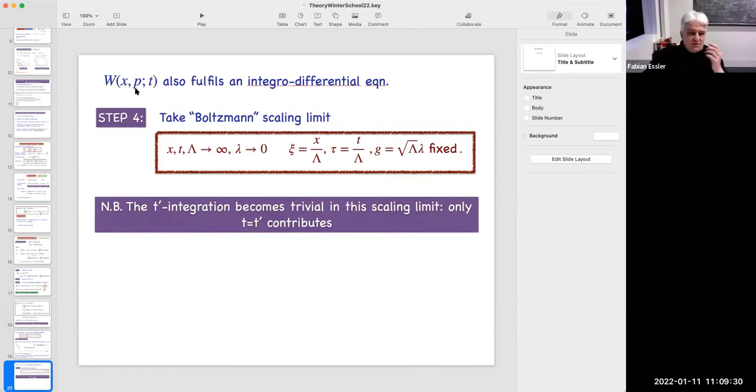Okay, so now this Wigner function fulfills an equation very similar to the second Born approximation. It's just obtained by taking this partial Fourier transform. And then the final step is you take the so-called Boltzmann scaling limit.